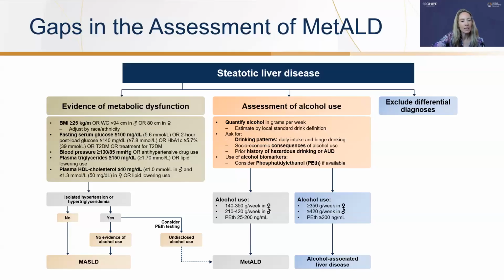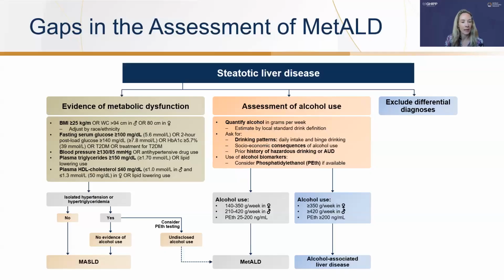And you just want to pay attention, if a patient has isolated hypertension or hypertriglyceridemia, alcohol can actually cause or exacerbate hypertension and hypertriglyceridemia, and that should really trigger you to screen for alcohol use in those patients.